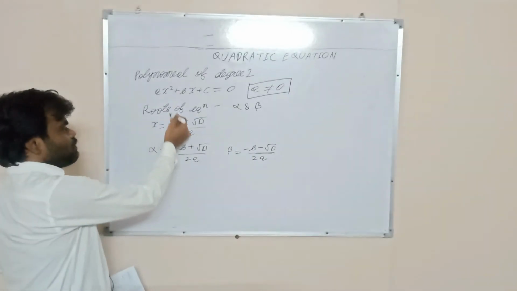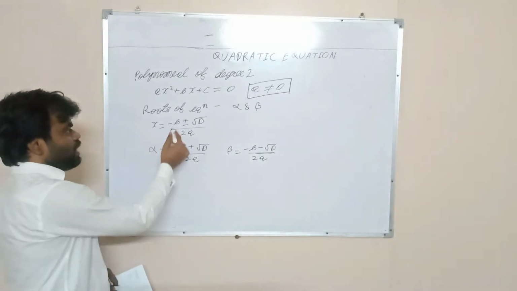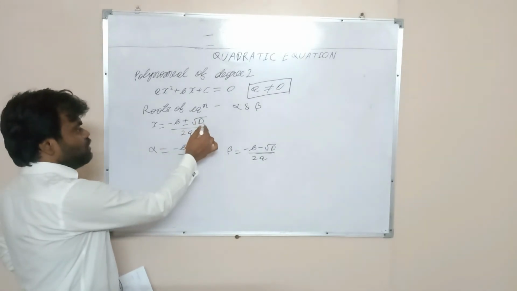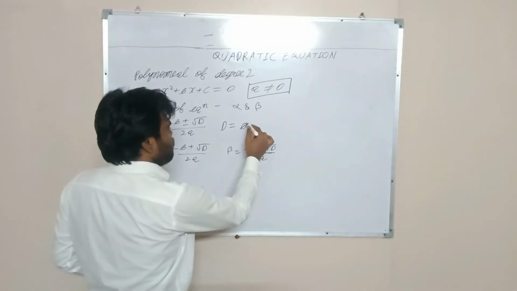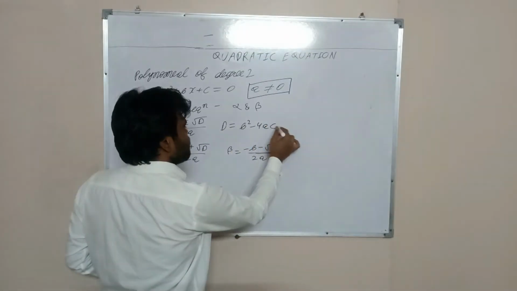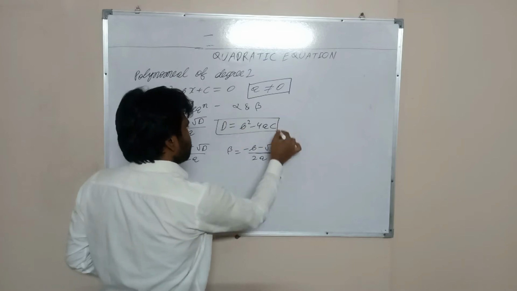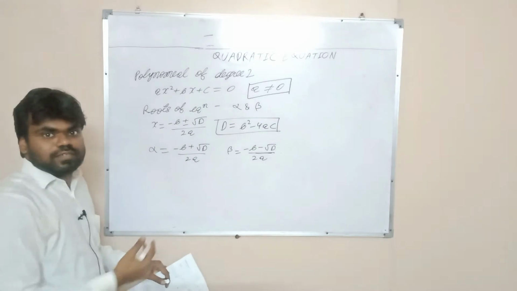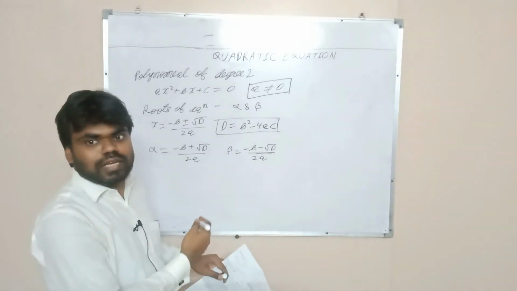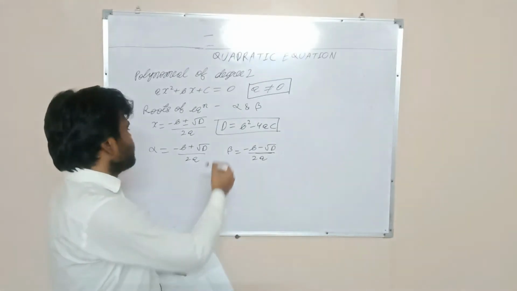And what are the roots of the equation? x is equal to minus b plus minus square root of d upon 2a, where d is b square minus 4ac, and d is the discriminant. You have already gone through these things in your previous classes.